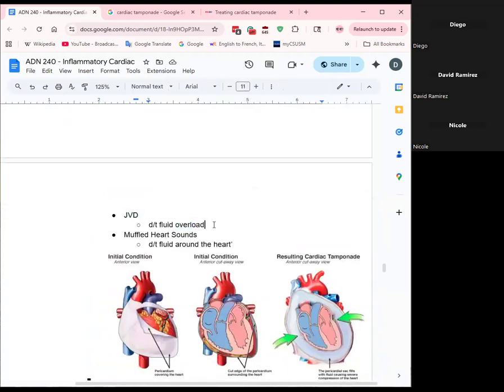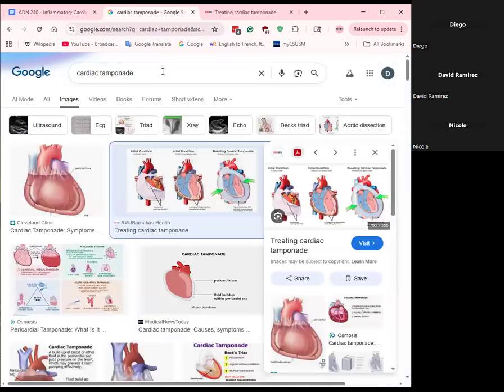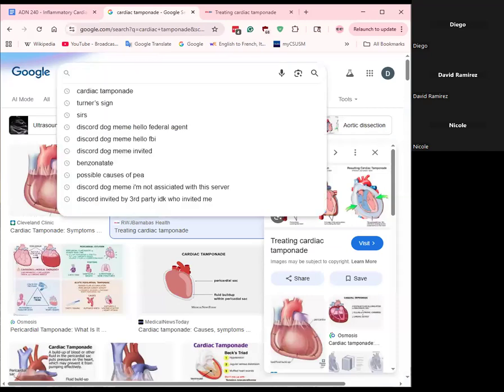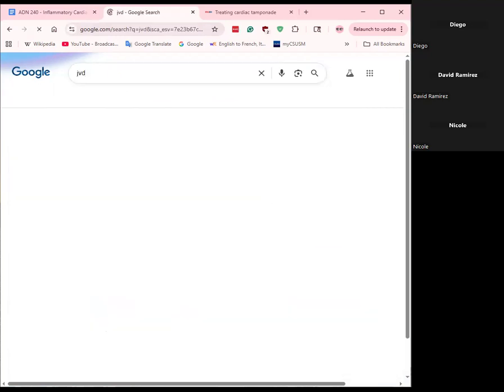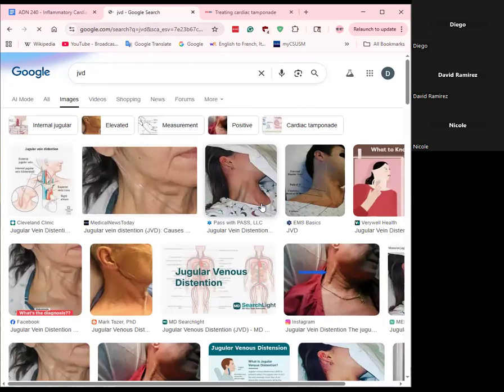JVD, so this is where that JVD part of your head-to-toe assessment actually gets used. JVD is a sign of very severe fluid overload. If you don't remember, the JVD would be a very overloaded vein in your neck.